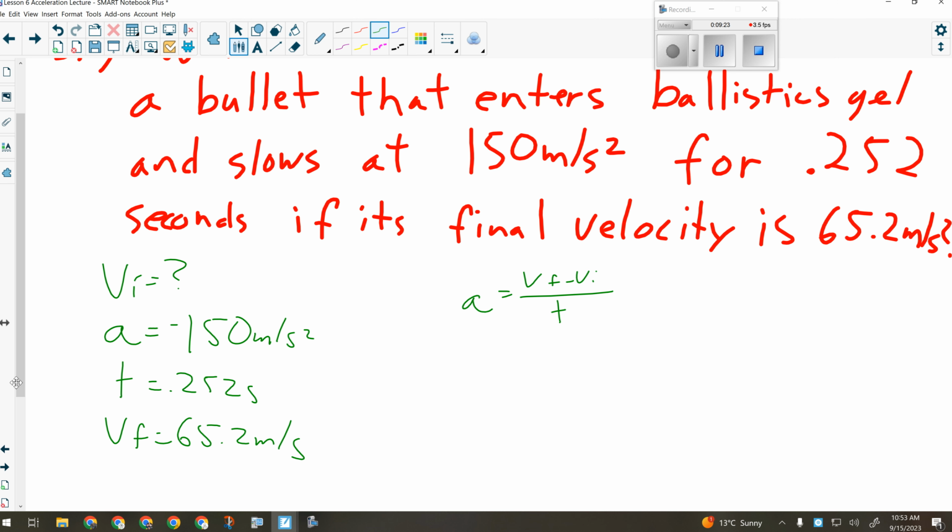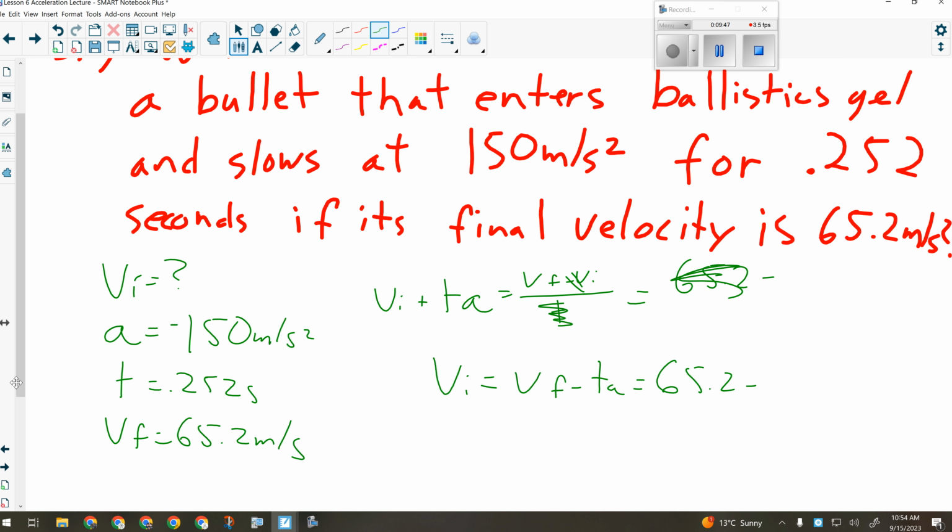We have to manipulate, so multiply both sides by t. Then I add Vi to both sides, and then I subtract t times a, so I'll be left with Vi equals Vf minus t times a. That'll be 65.2 minus 0.252 times 150.